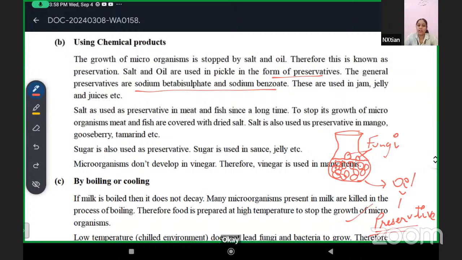Yes, Abraham. Chemical. Sorry, what did you ask, Abraham? They are submerged in resin, right? Resin is also a kind of preservative, yes.